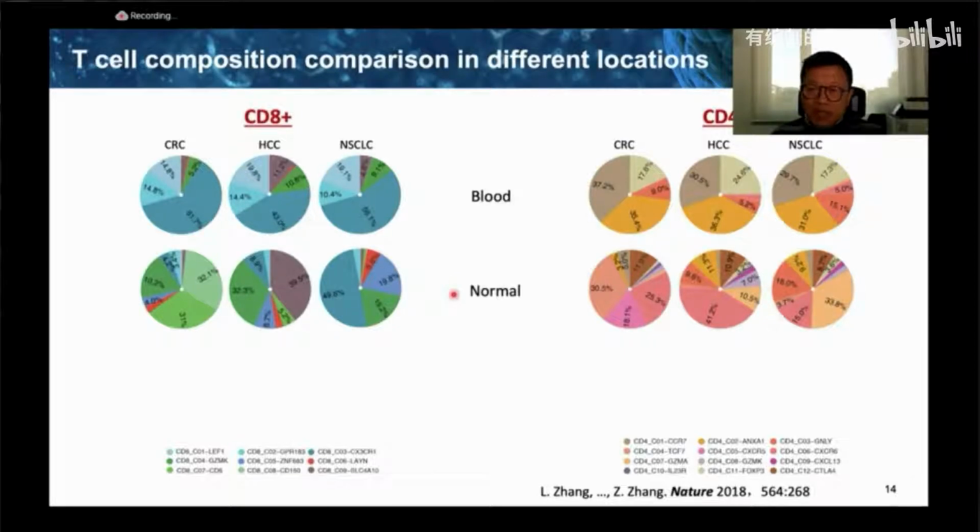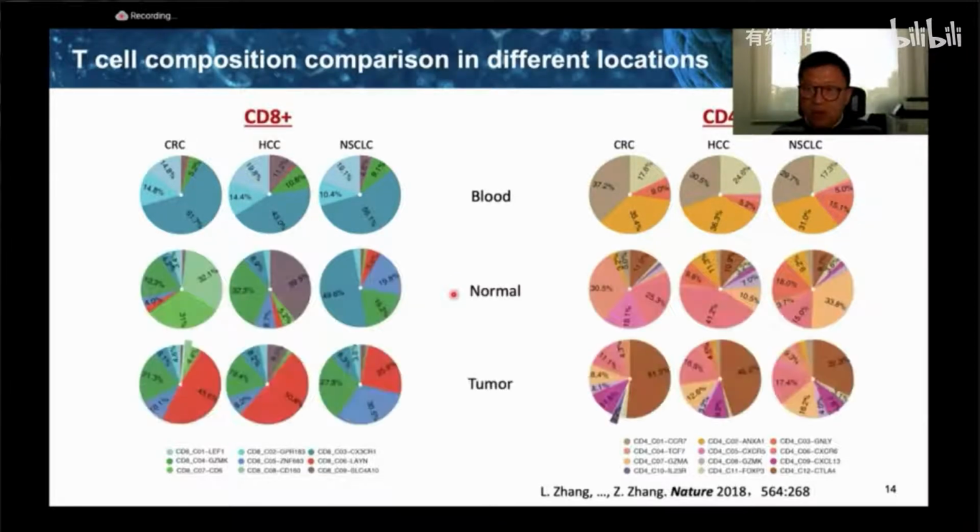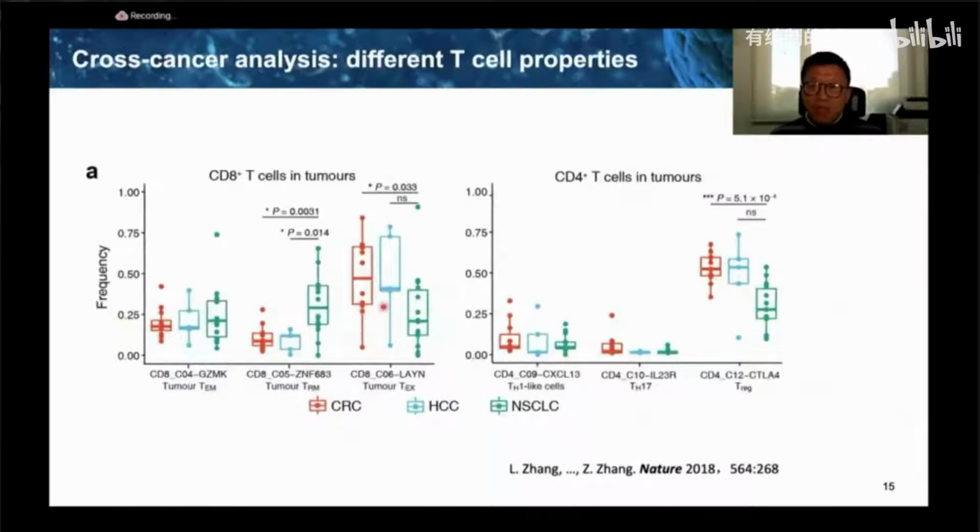Now, the tumor infiltrating T cells seem to harbor an additional layer of distinction on top of those tissue-based properties. So it seems like T cell properties are created by the combination of tissue location and cancer type. And such T cell differences can be meaningful.